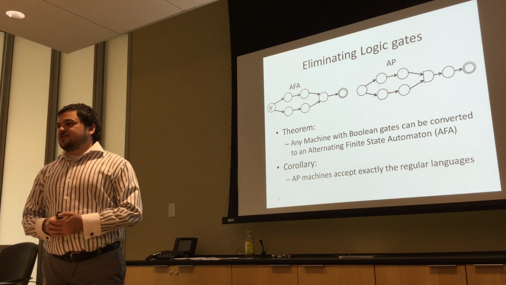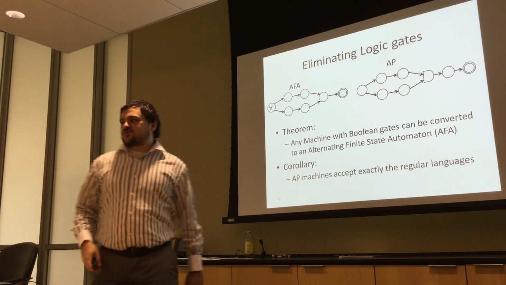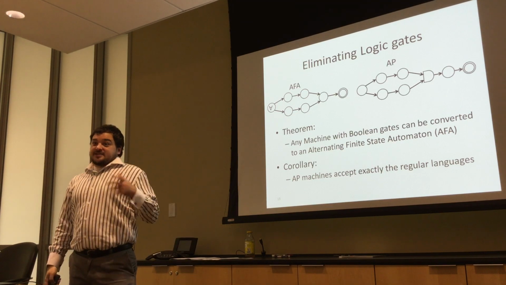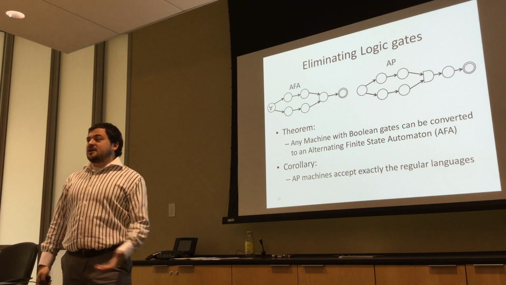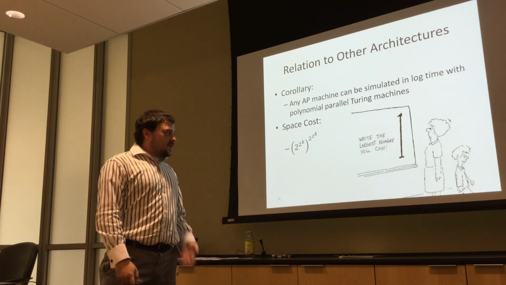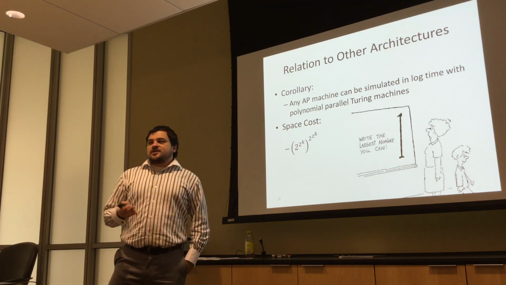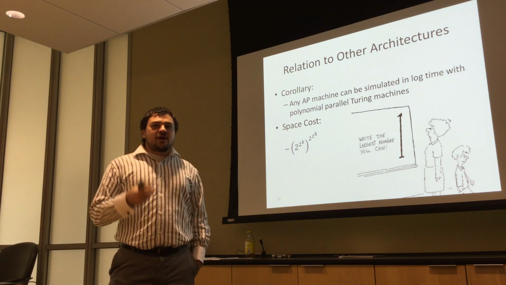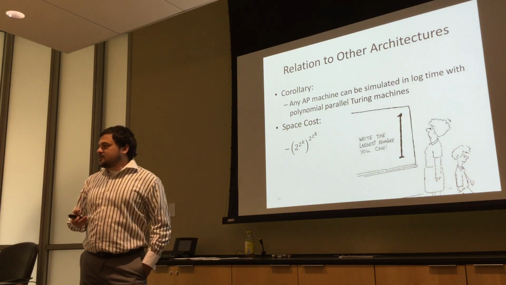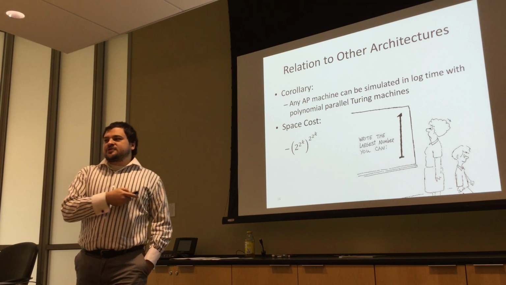Now at first this seems a little bit pessimistic, that we have this new hardware coprocessor and all it can do is regular languages. However, that can still be extremely valuable if it's much better at computing regular languages than other architectures might be. So here's where we explore that. A prior result has shown that you can compute any regular language in logarithmic time using a polynomial number of Turing machines.